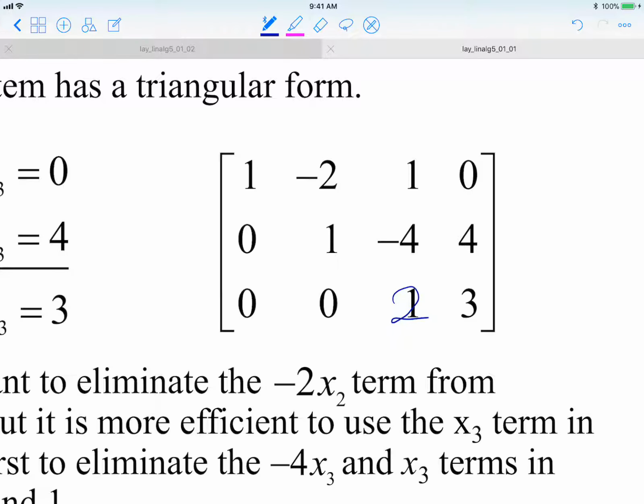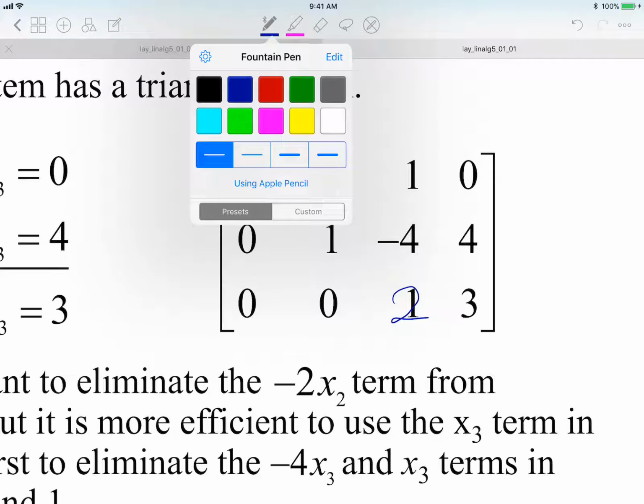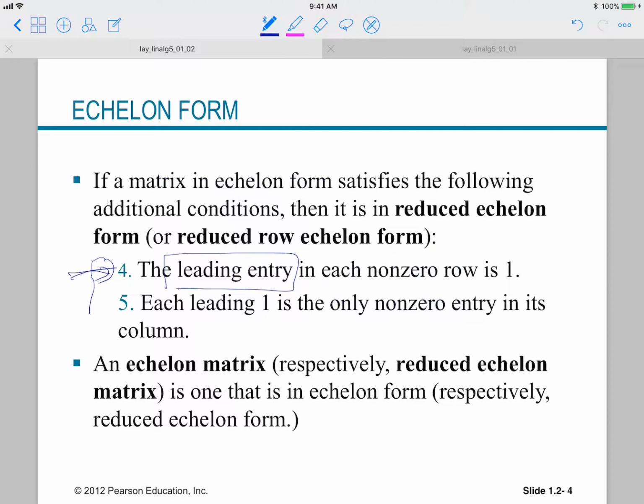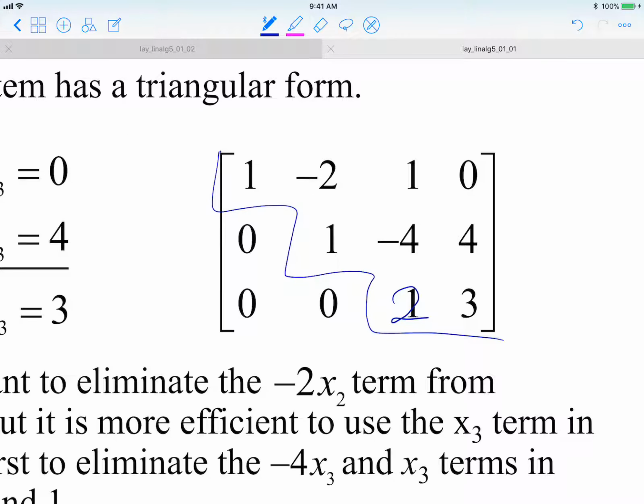Suppose we had 2 here, okay, and this is again an echelon form, right? But in order to satisfy the first condition for the reduced echelon form, we check these leading entries and see whether they are all ones or not. This one is not 1, it is 2, right?